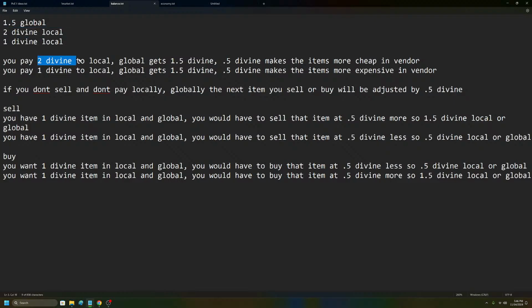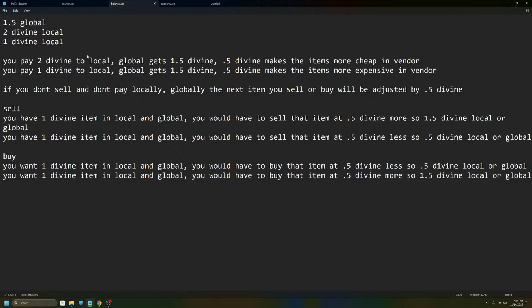So 2 divine did this trade, right? So the next selling that you're going to do of a 1 divine item, you would have to sell that item for 0.5 divine more. Okay, so you follow that?